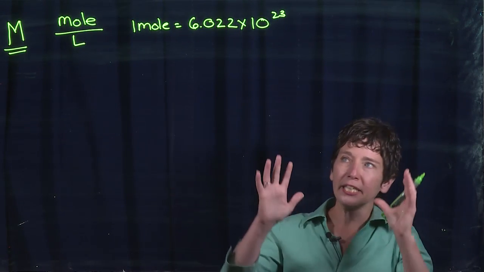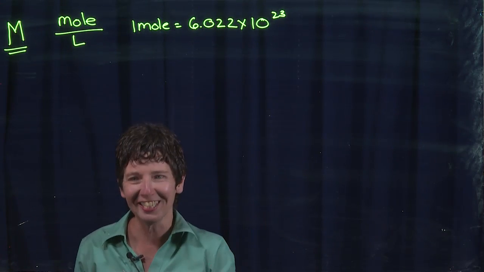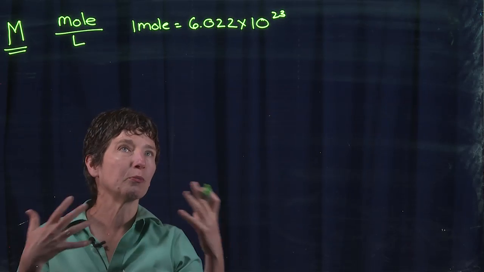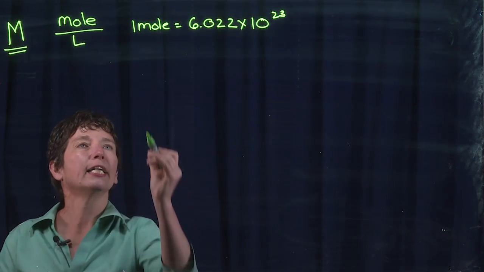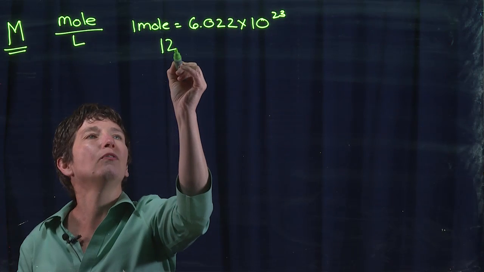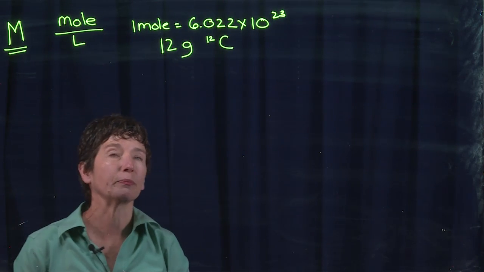You could have a mole of puppies if you were really lucky, but generally we're going to be talking about a mole of atoms or a mole of molecules. So that is the number of atoms in 12 grams of carbon-12, just as a definition.